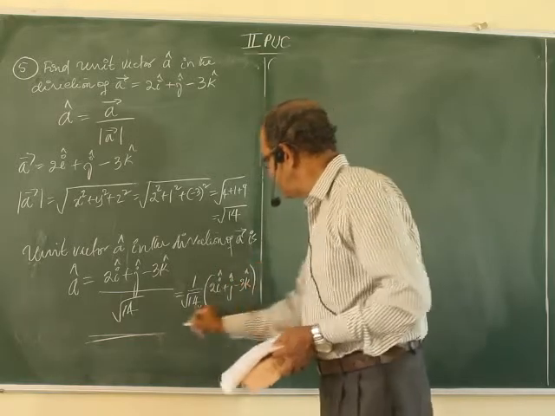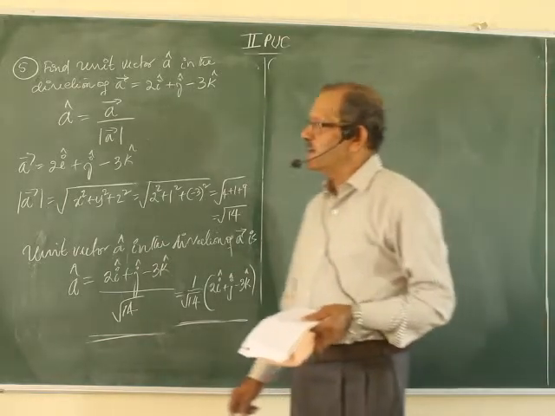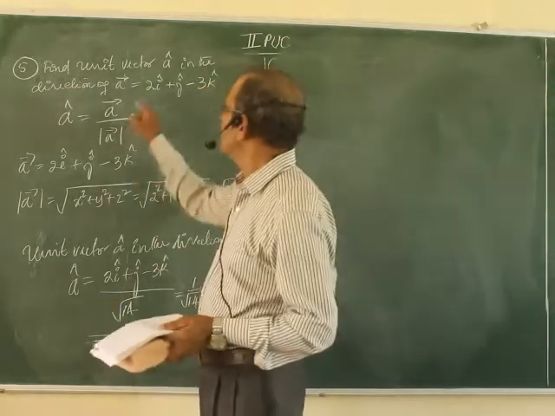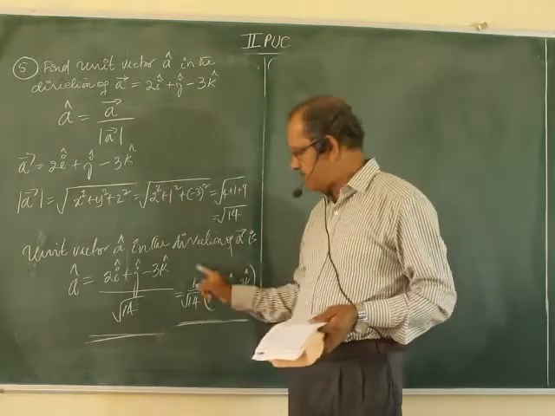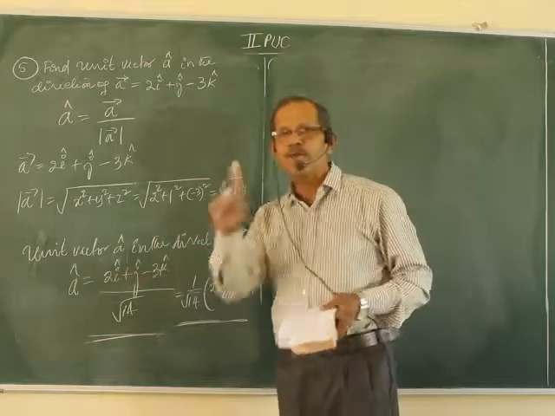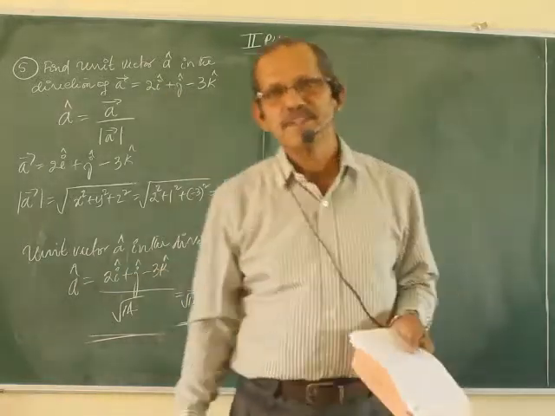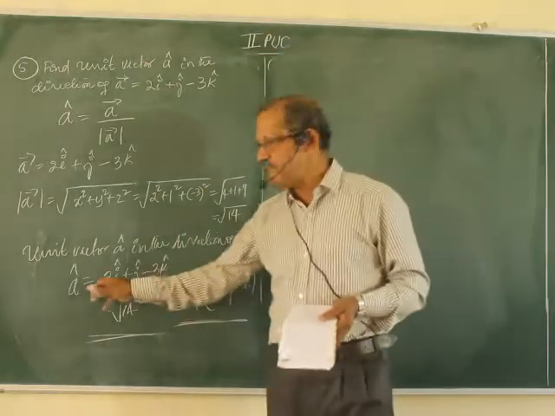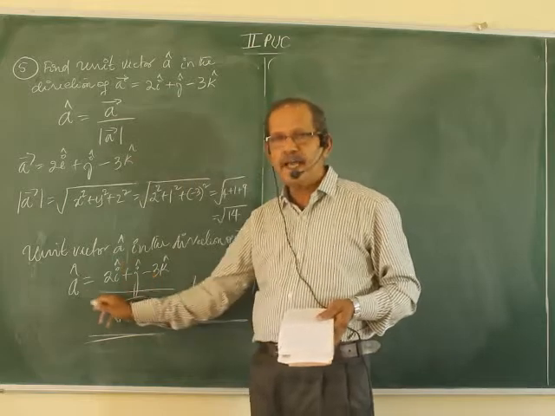Okay. Unit vector in the direction of A. A is any given vector, but remember this is the unit vector. Magnitude of this vector is 1. Direction same as that of A. Direction of the vector A cap is same as that of A, but magnitude of A cap is 1.